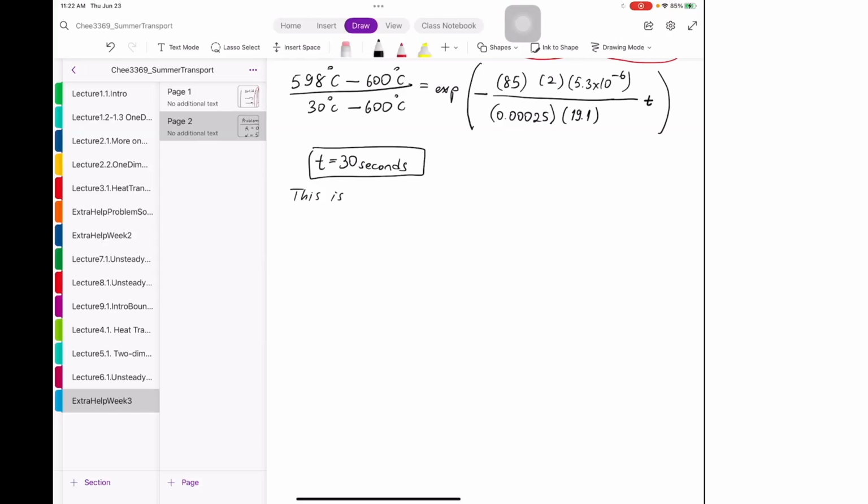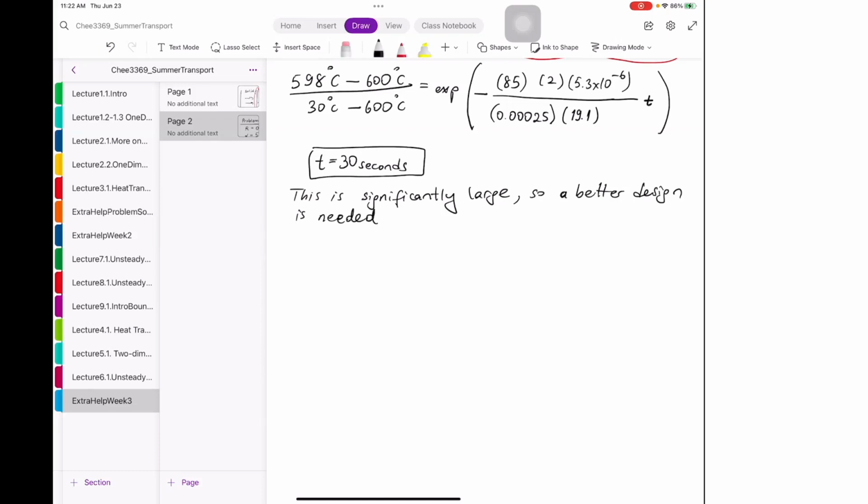So this is significantly large. So you need a better design, right? A better design is needed.